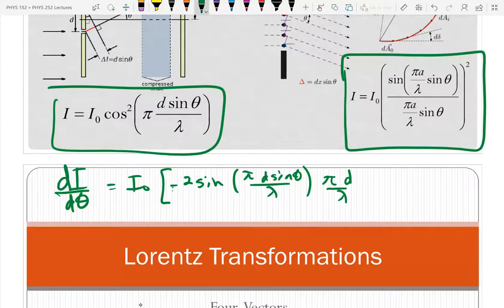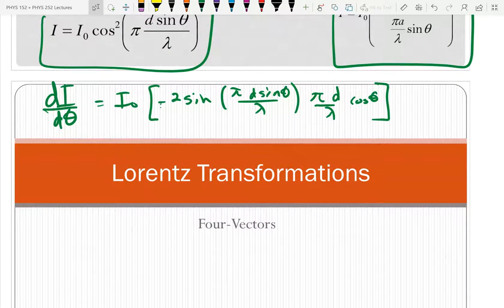Derivative of sine is cosine. And so that's the equation for the derivative. I think I did that right. And so what do I do with that derivative? Set it equal to 0 and find the values of theta that will make that equal to 0.